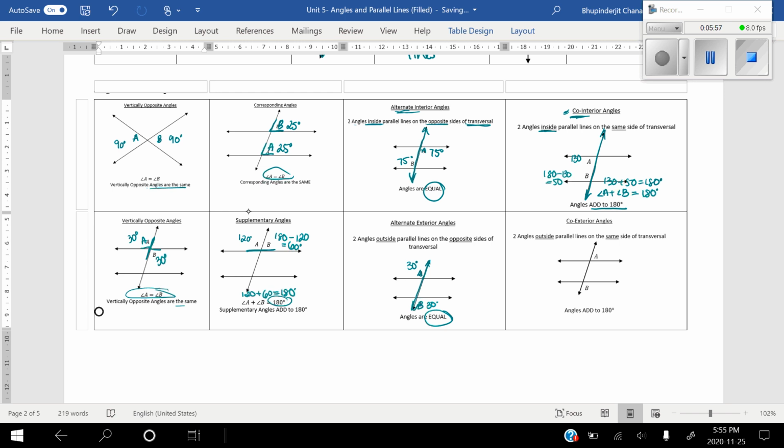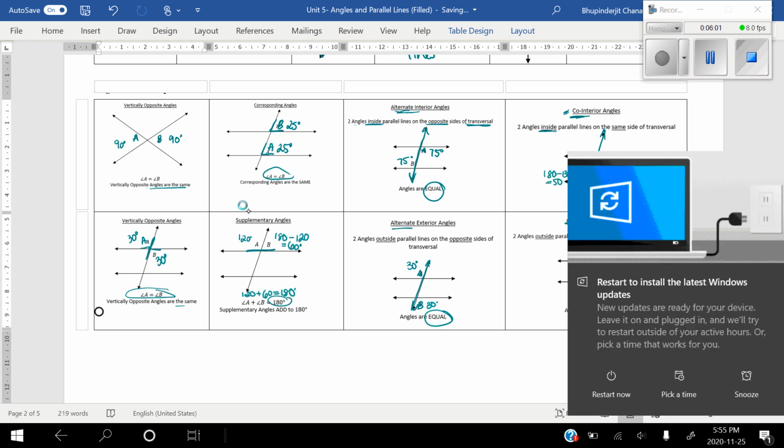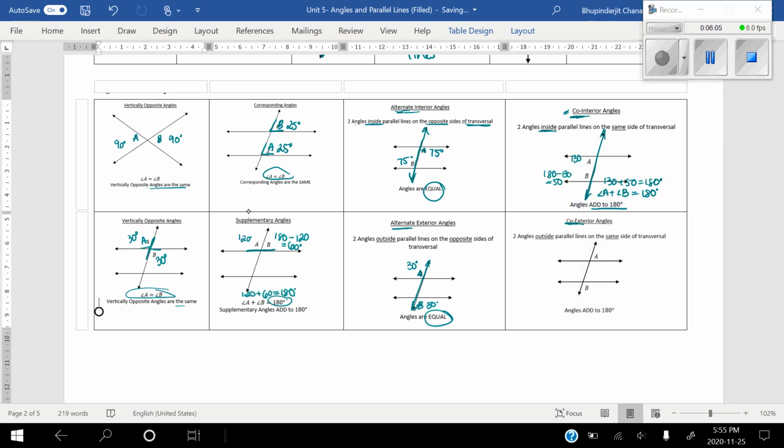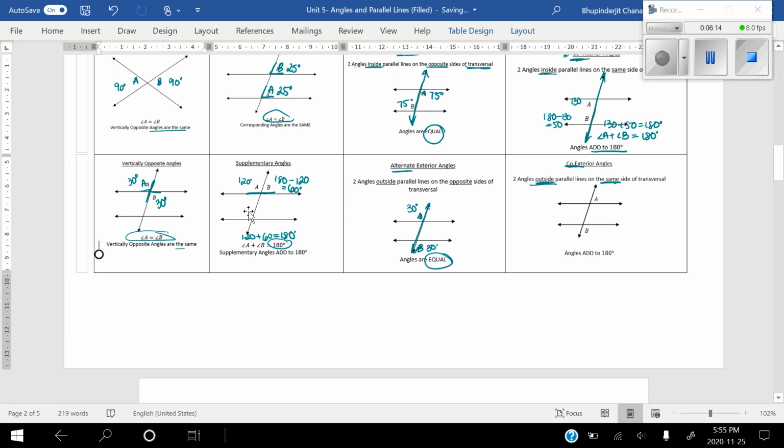The last angle relationship is we have co-exterior. So this is different from our alternate exterior angle. So these are two angles on the outside, but they are on the same side. So same thing, these would add to 180. So there's my transversal. Let's say, for example, that this was 70 degrees.